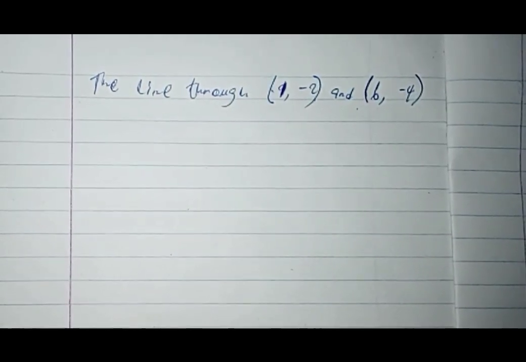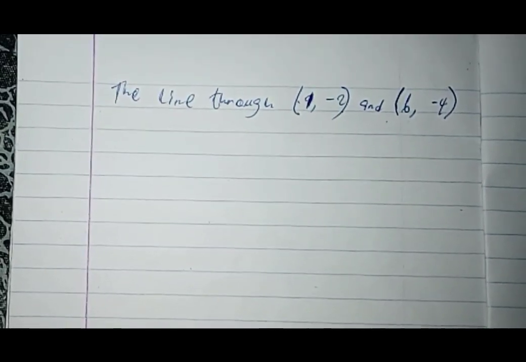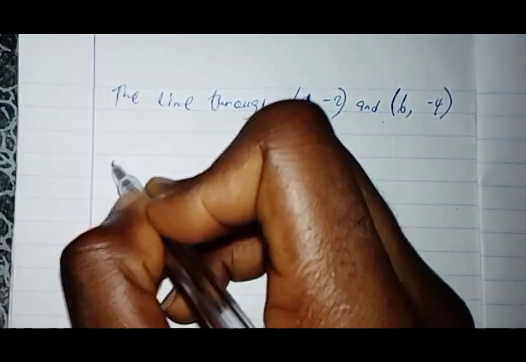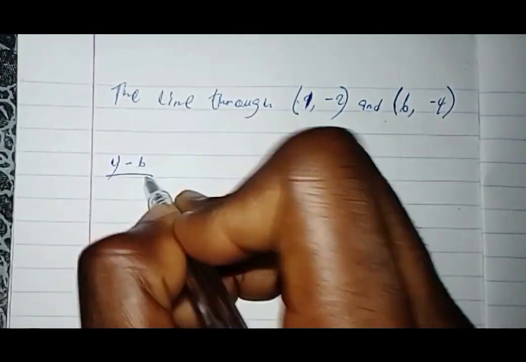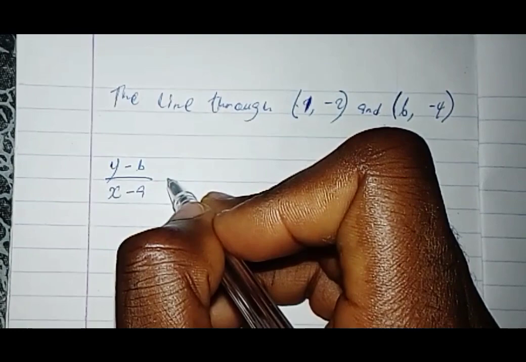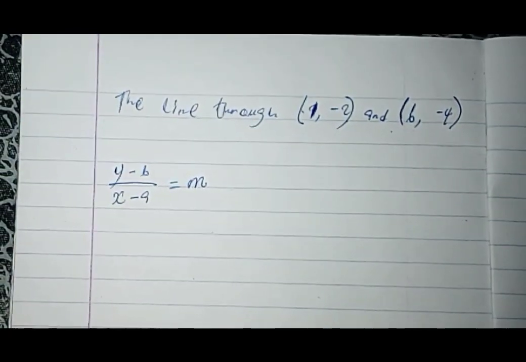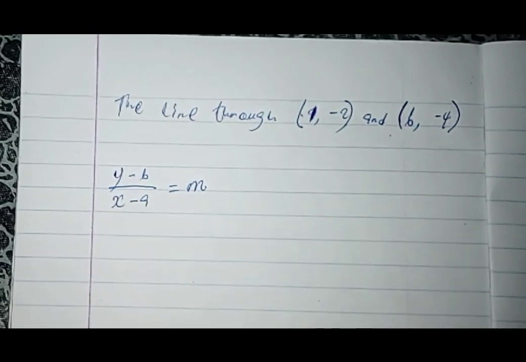So from the first explanation, remember earlier when I said we can use this y minus b over x minus a equals m to find our equation of a line.